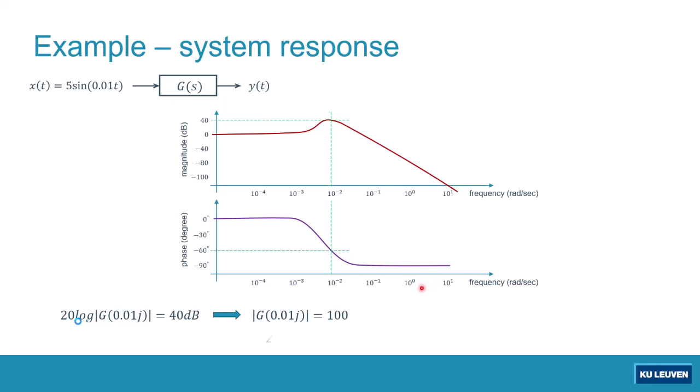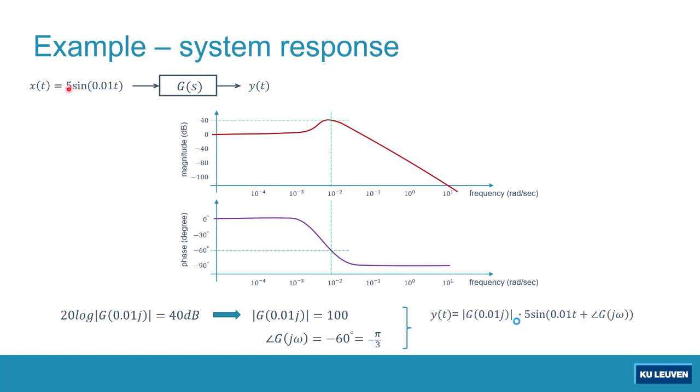And then accordingly, the angle at that particular frequency, let's say it's equal to negative 60 degrees, or negative pi over 3 radian. Having this information, I can estimate the response in steady state condition, where the amplitude is amplified by this magnitude.